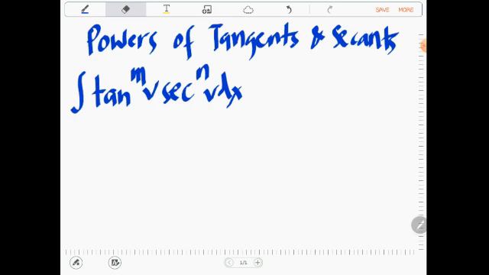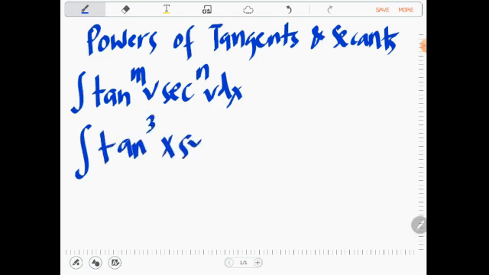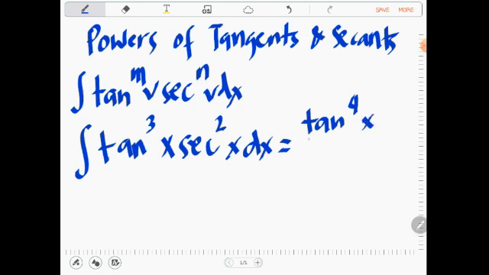For example, the integral of tangent cube x secant squared x dx is just equals to tangent raised to 4x, or tangent of x raised to 4 all over 4 plus c.